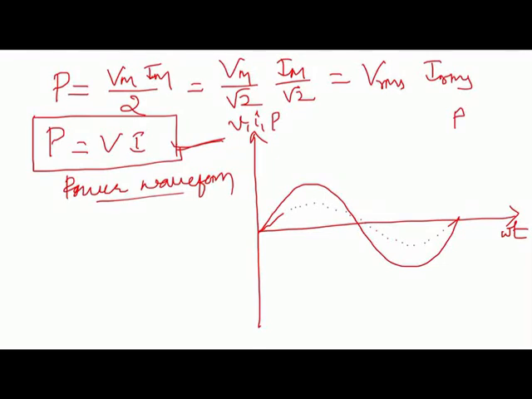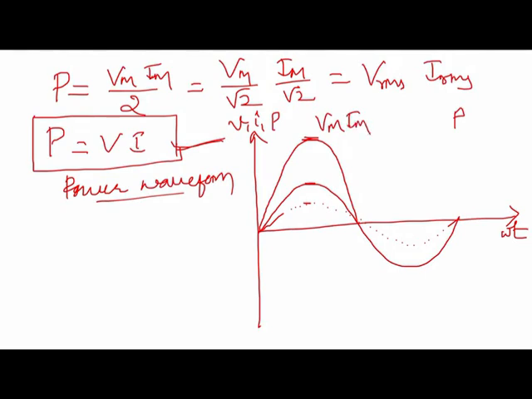For the first half, both voltage and current are positive. Multiplying the positive halves gives positive power, with the peak value equal to the product of both peaks, Vm into Im.